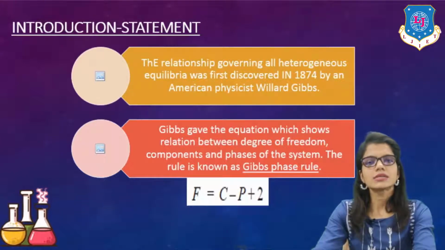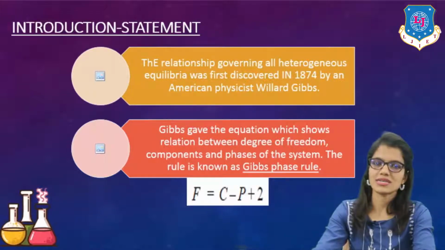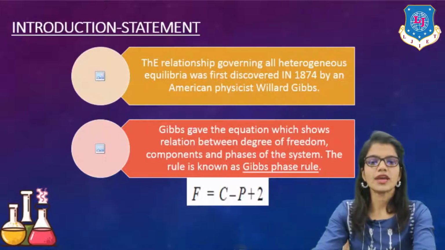This relationship shows the relation between degrees of freedom, number of components and number of phases. Such a relationship governing all heterogeneous equilibria was first discovered in 1874 by an American physicist named Willard Gibbs.